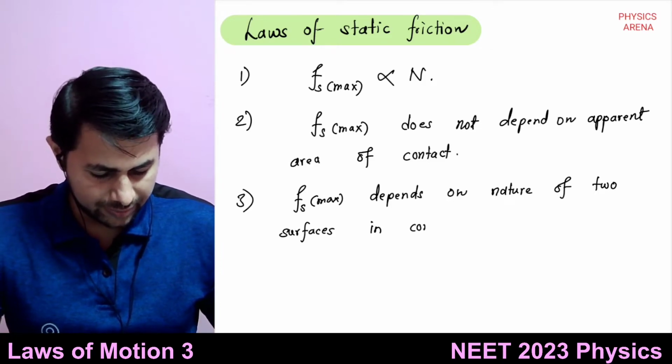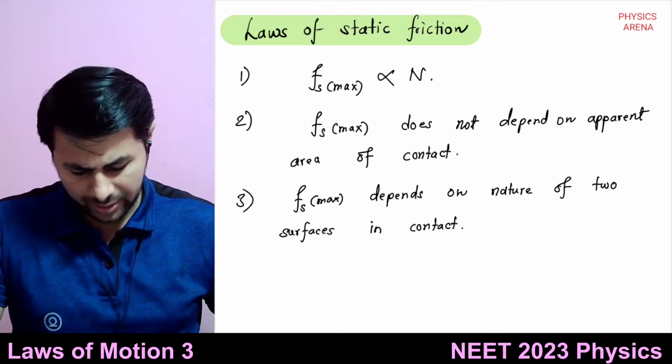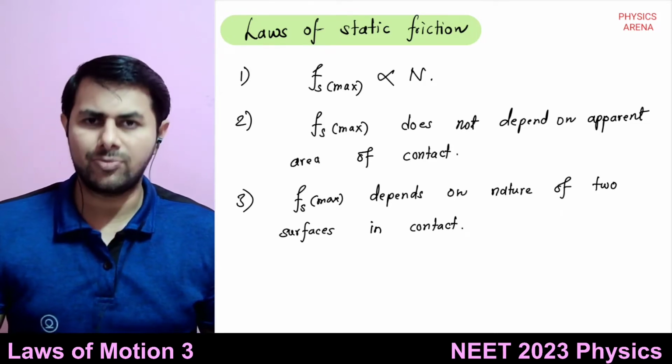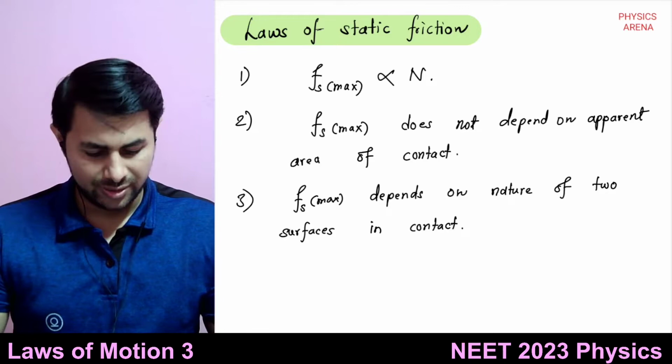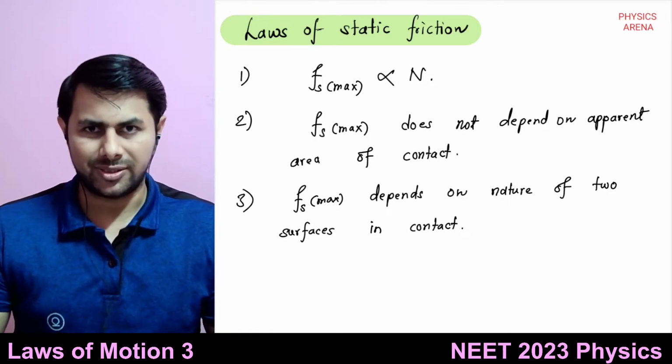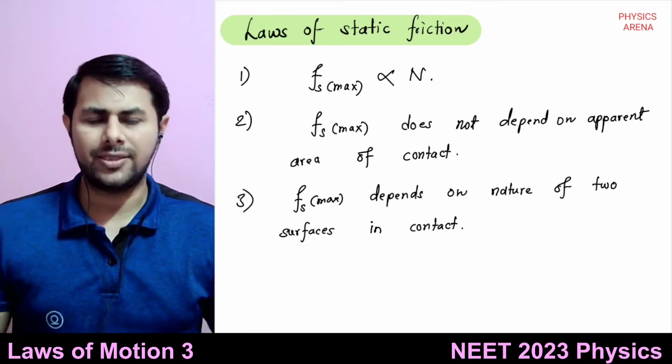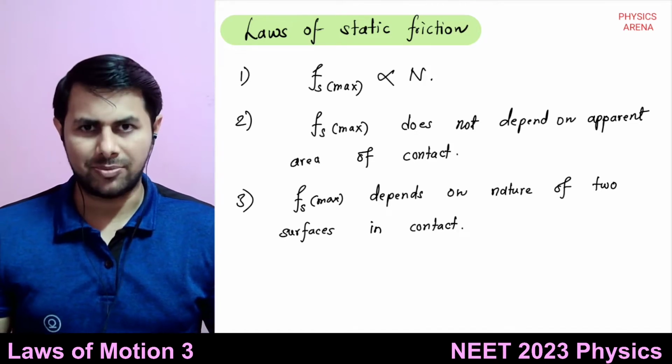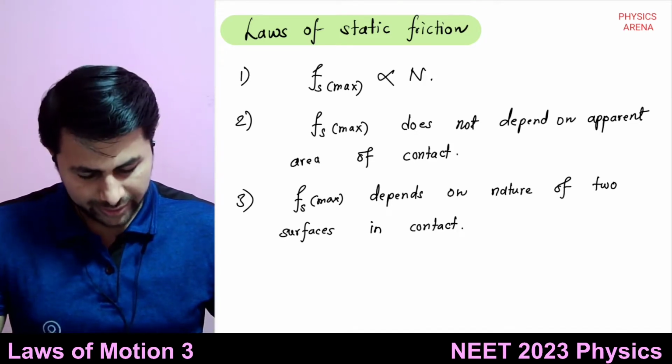And there is one more law: frictional force always opposes the sliding motion between two bodies. So its direction is always opposite to the applied force. So these are the laws.